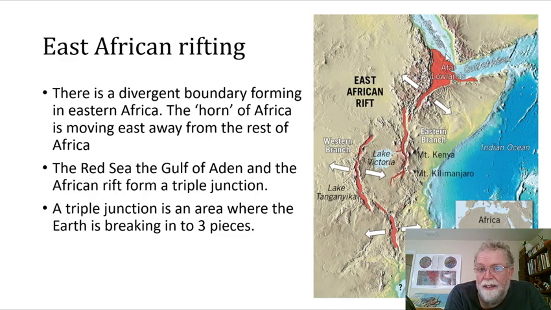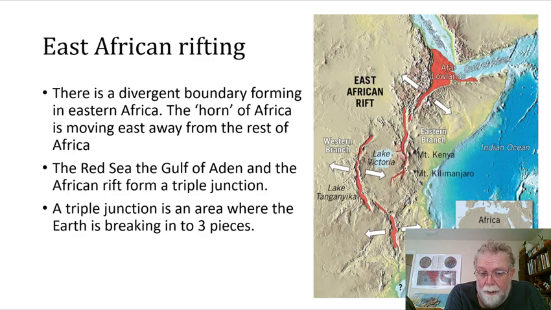And so, in this particular case, you've got the Arabian Peninsula, which I can show you here, moving to the northeast, and that's opening up the Red Sea and the Gulf of Aden, and then also the Great Rift Valley of Africa running down through here.